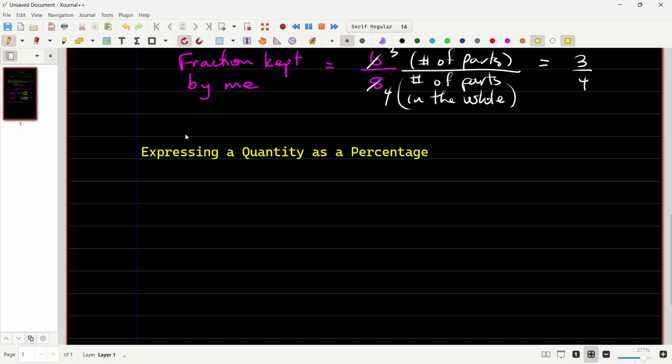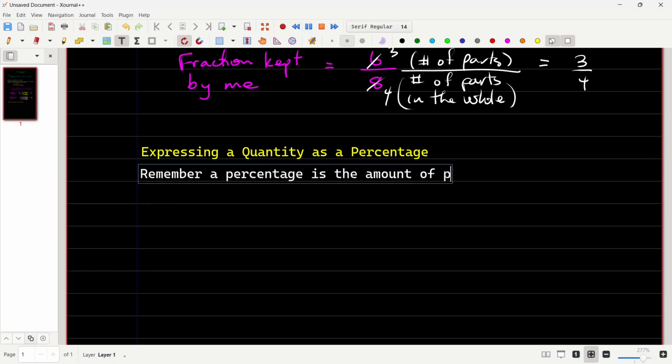All right, so let me just write a note here for this. So we say, remember, a percentage is the amount of parts per 100.